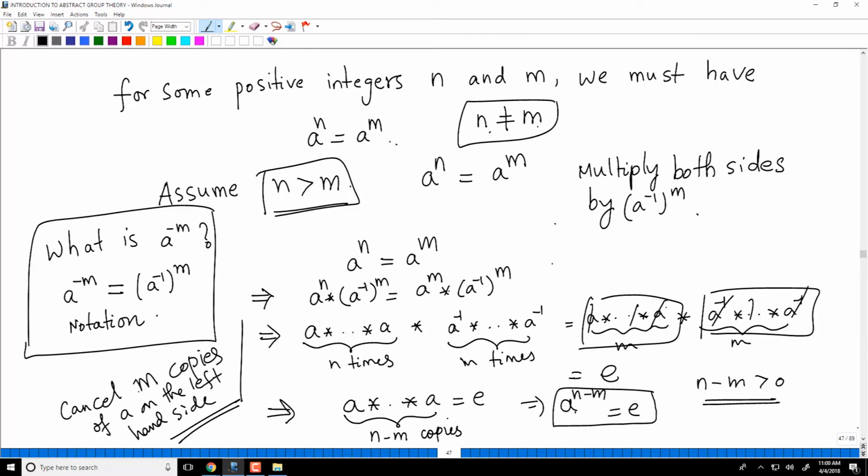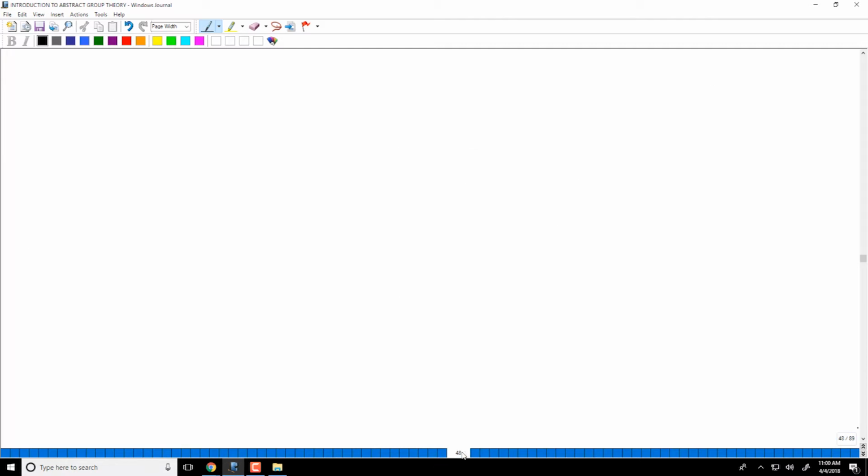So, I hope this calculation here is clear to you. Maybe just a quick calculation, in case you are confused about this. I just want to do it with specific numbers. So, let us say n is 5 and m is 3, as in the previous example. So, that means a power 5 is equal to a power 3.